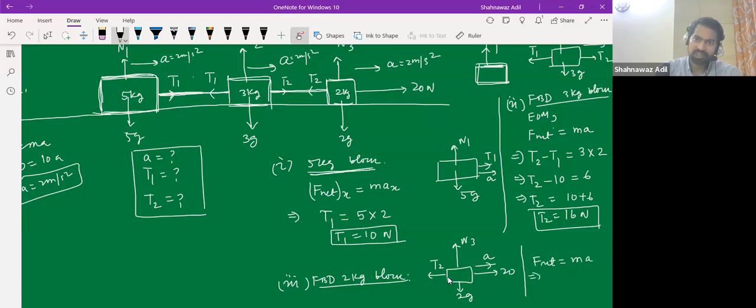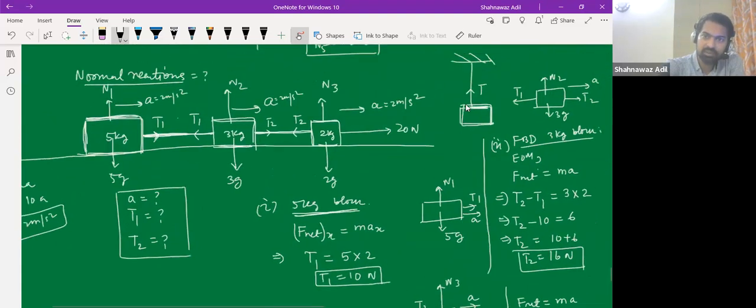What is positive and what is negative? T2 is negative, 20 is positive. So 20 minus T2 is 2 into 2, so 20 minus 4 is T2. So T2 is 16 Newton. We can use any block to calculate T1 and T2. Is this part clear? Please note it down.